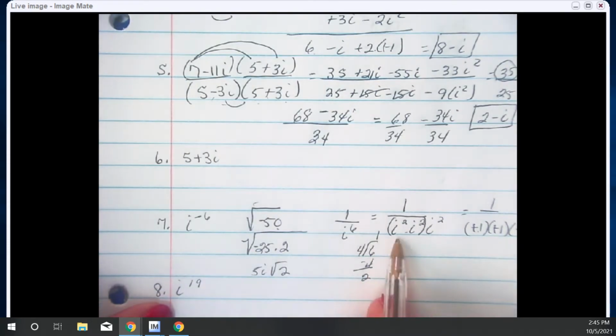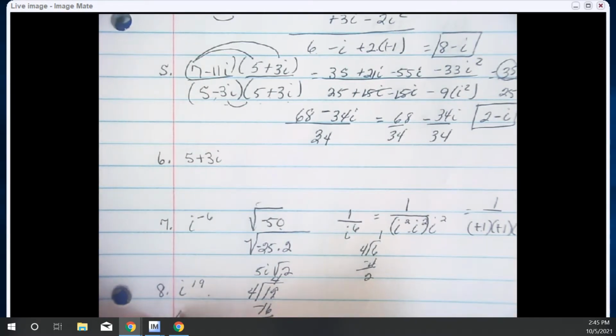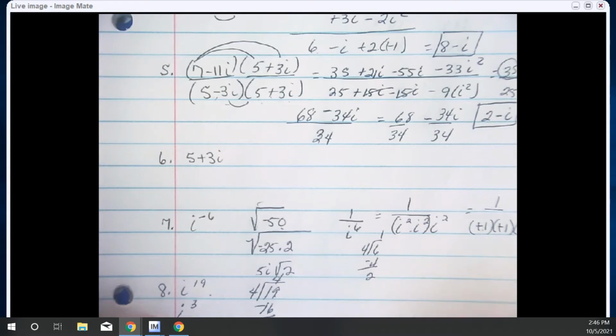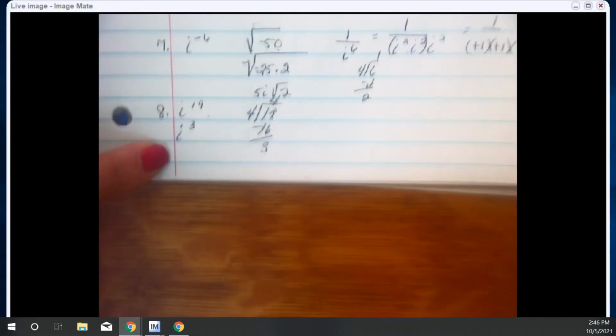Now, the way I broke down the i to the 6, I really don't want to do that with i to the 19. So I'm just going to take 19 and divide by 4. 4 goes into 19 evenly 4 times. 4 times 4 is 16 with the remainder of 3. i to the 19 then is the same as i to the remainder of 3.